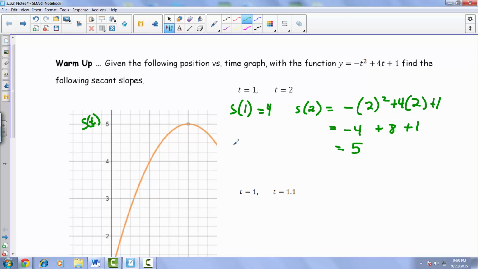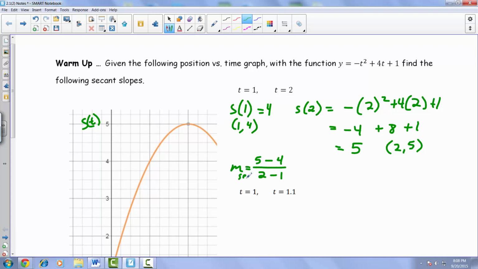Now again, we're looking for the slope of these secants. So we're just finding the slope between these 2 points. Here's one point, 2 comma 5, and our other point is 1 comma 4. Well, we just find slope like you normally have. So you have 5 minus 4 over 2 minus 1.